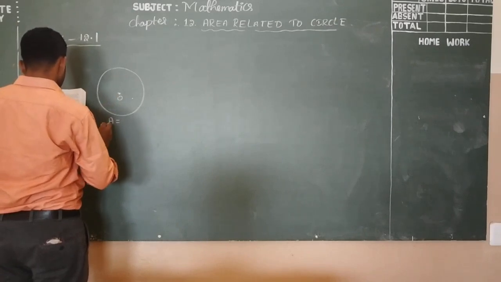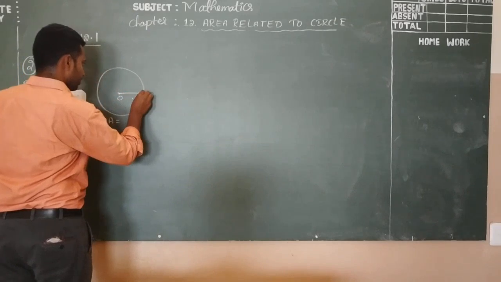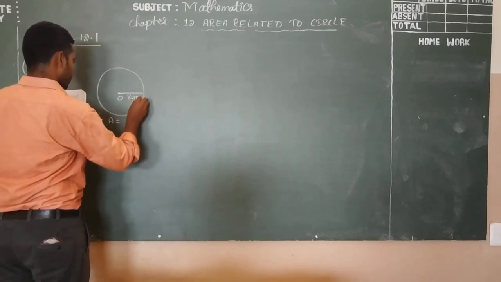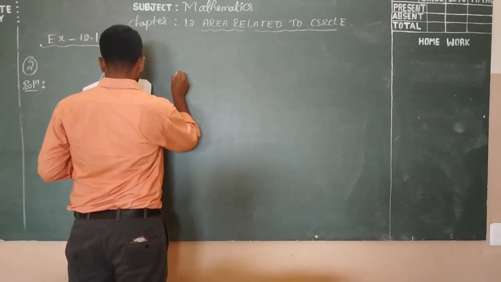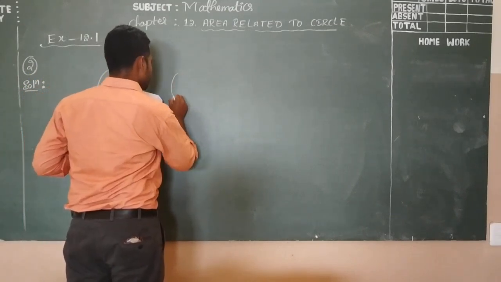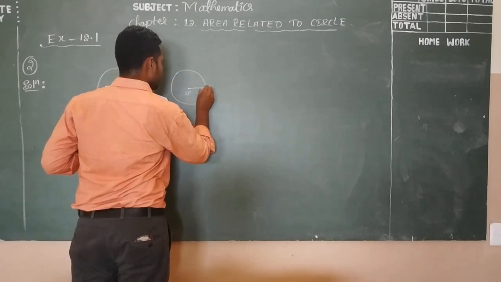The radius of this circle is 8 centimeter, and the area is not given. Another circle has radius 6 centimeter.